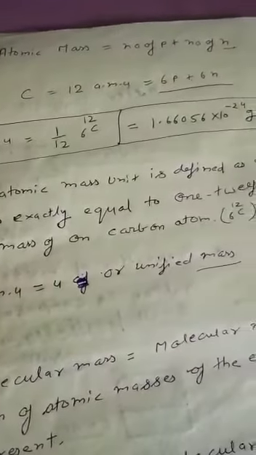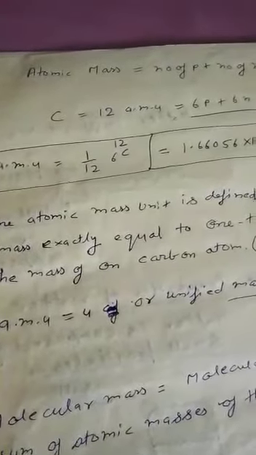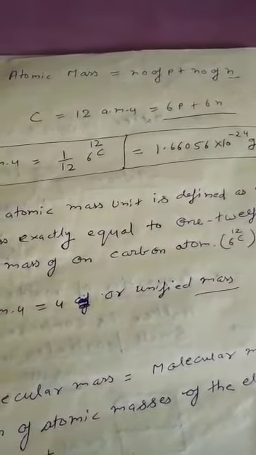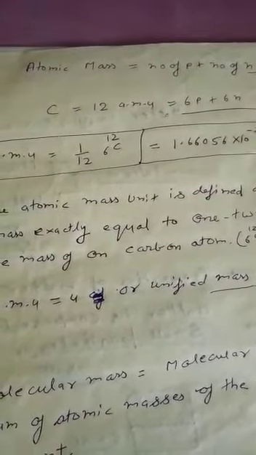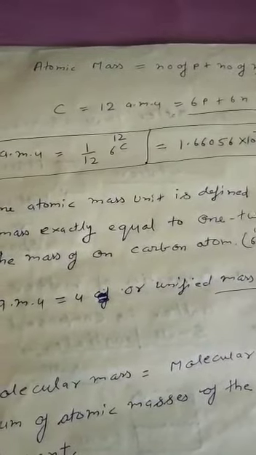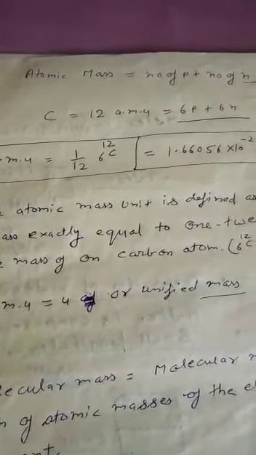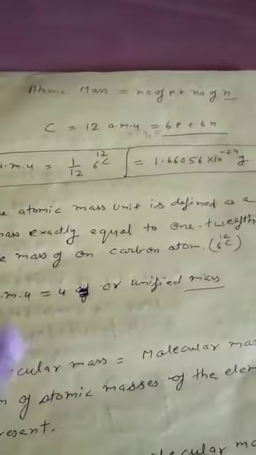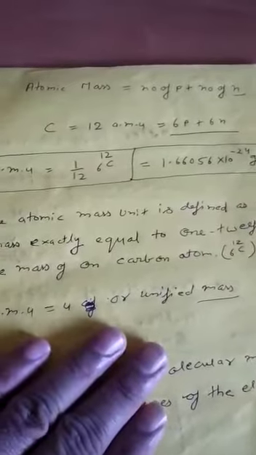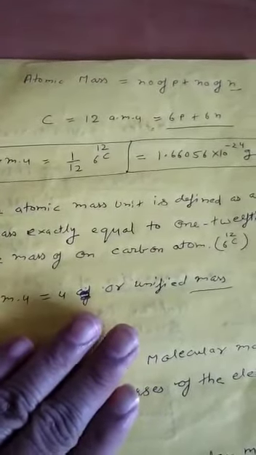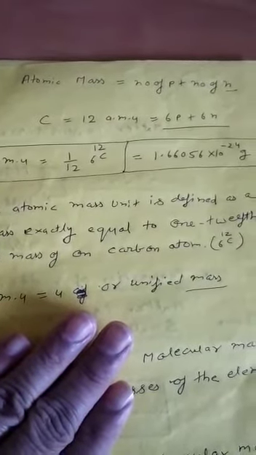Suppose we take carbon. If we say that the mass of one carbon atom is 12 u, it shows that 6 protons and 6 neutrons are present in that single carbon atom, and the mass of a single carbon atom is equal to the mass of 6 protons plus the mass of 6 neutrons.